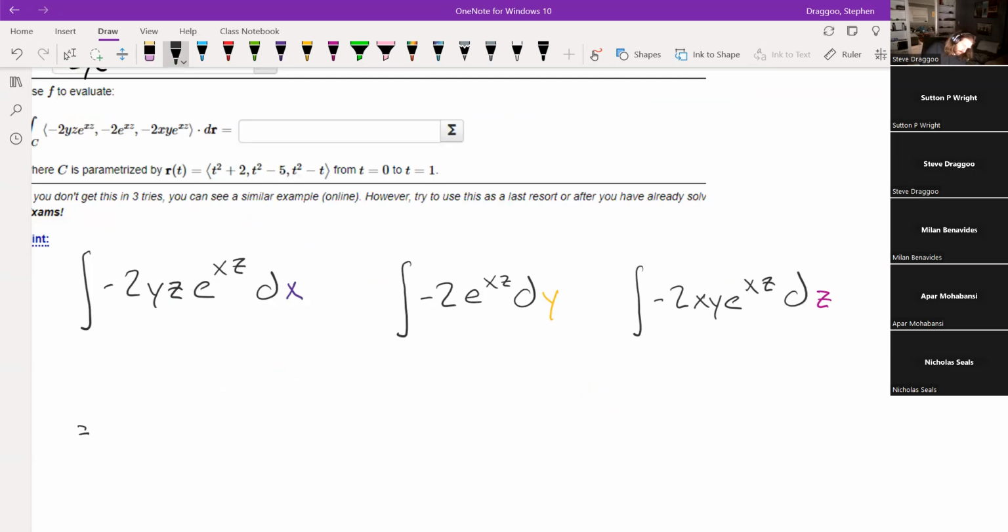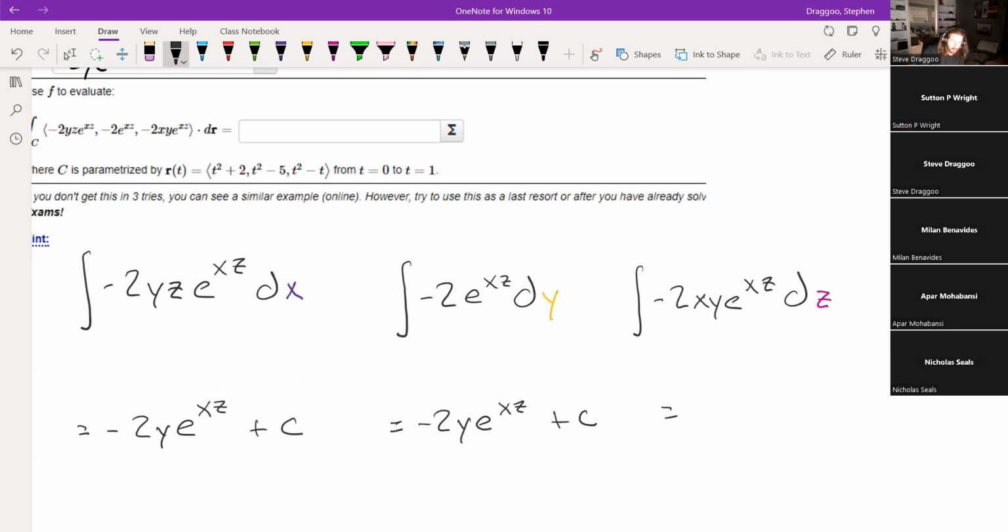In that first one, if I integrate with respect to x, I'm going to get negative 2y e to the xz plus some constant value, plus c. If I integrate the y function, I get negative 2y e to the xz plus c.